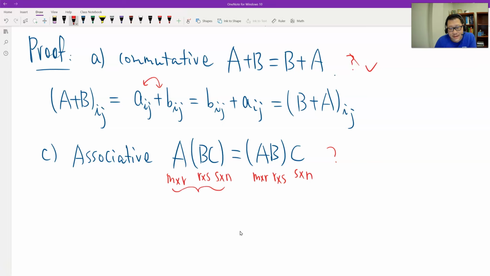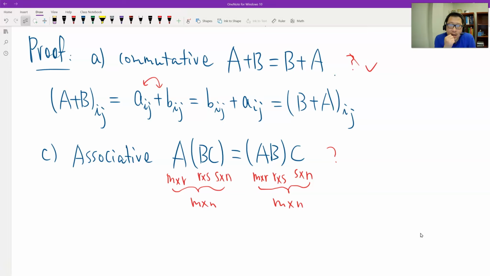The bigger final matrix should be M by N, M rows and N columns. The same for the right side. What is AB? AB is M by S, and then C is S by N. Therefore this final matrix is the same size, M by N. Yes, good. The sizes are the same.